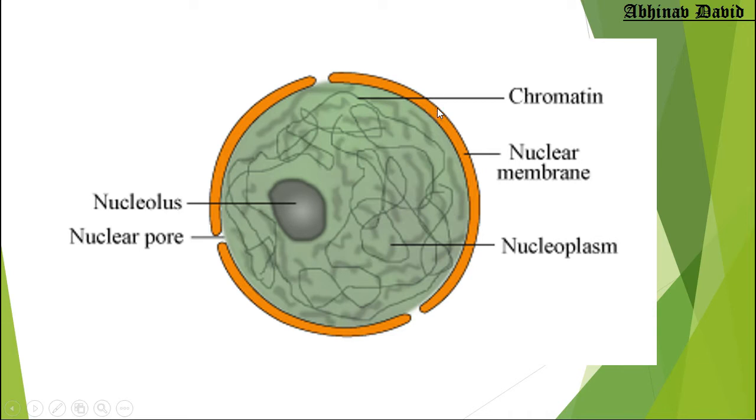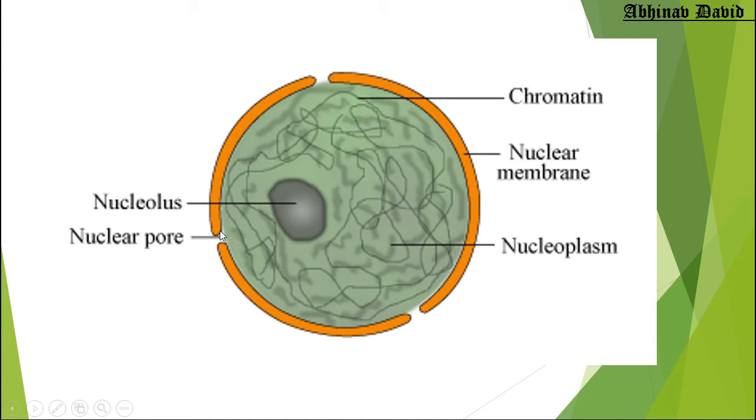As I am pointing with the cursor, this is the outer nuclear membrane and the inner nuclear membrane. At some places these nuclear membranes are separated, but at some places they join together.